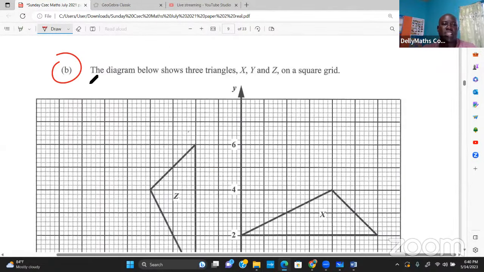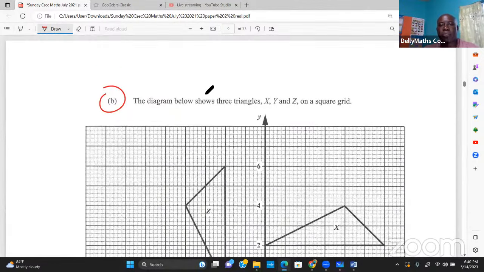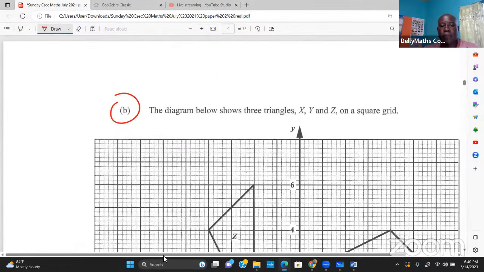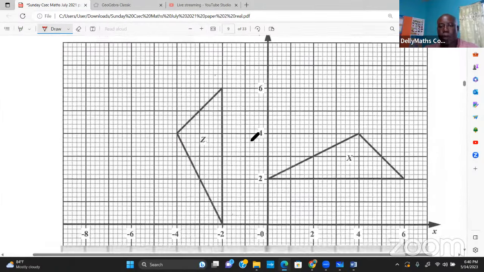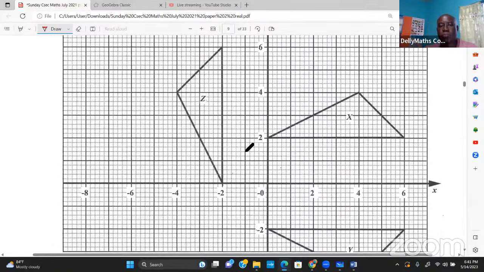Here is a transformation question. It says the diagram below shows 3 triangles, X, Y, and Z, on a square grid. There it is. So let's go for the questions.